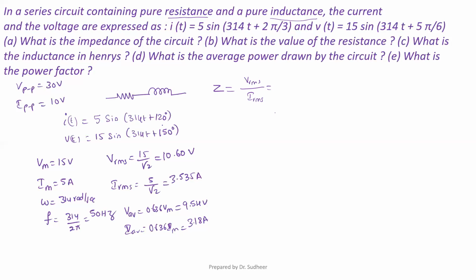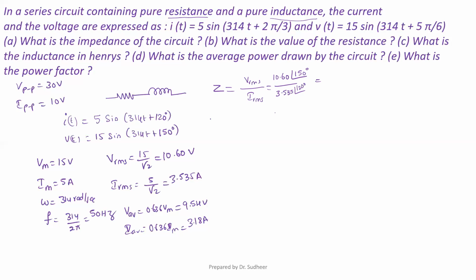What is VRMS? 10.60 at an angle of 150 degrees. What is IRMS? 3.535 at an angle of 120 degrees. Find out the value. Keep your calculator in complex mode.